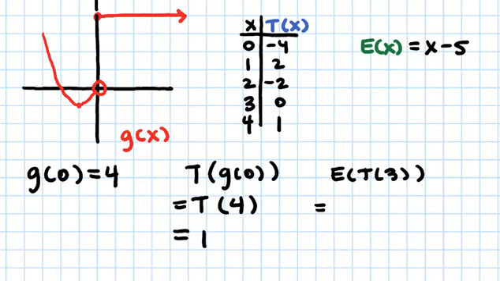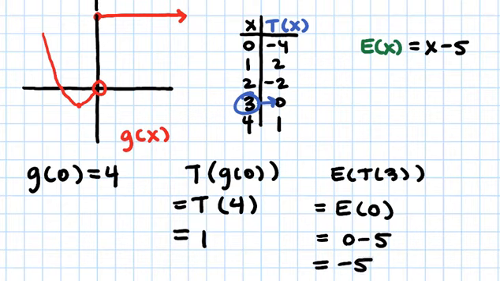Well, we're going to have to evaluate t of 3 first. We go here, we find x equals 3 on t, we find the y value. So that's going to be e of 0. And then we plug in 0, and that's 0 minus 5, which is negative 5.